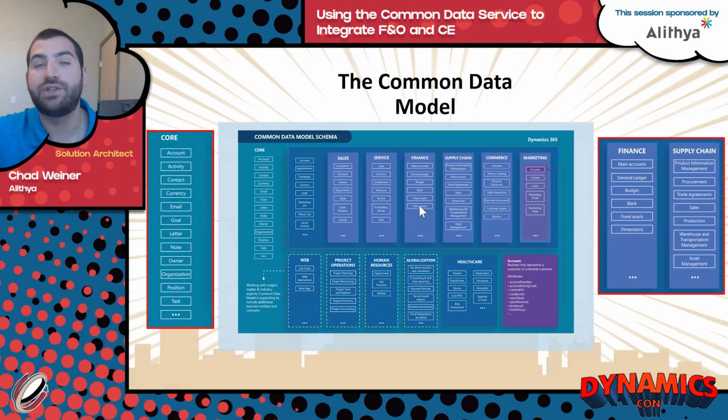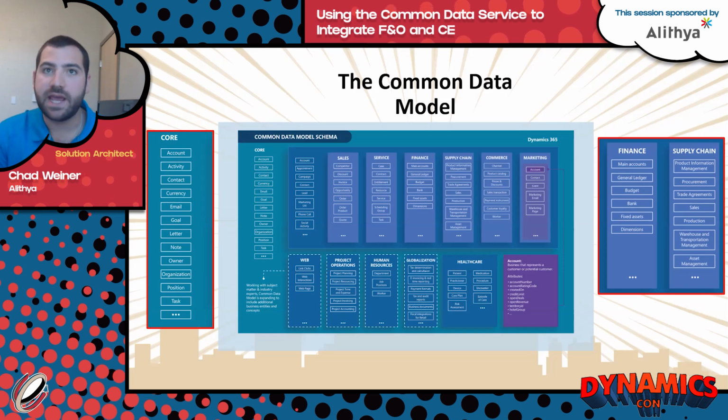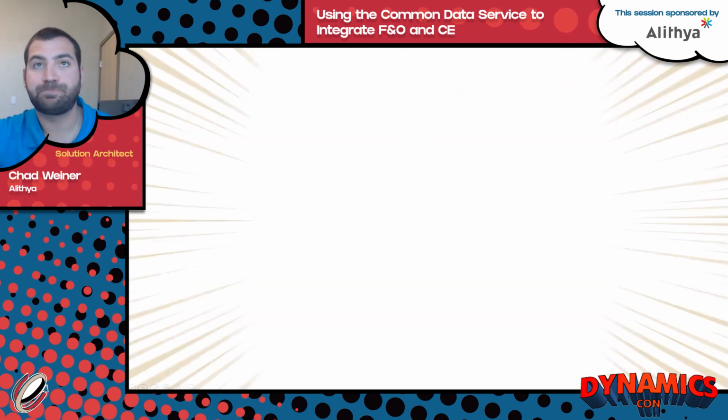So really, we're going to talk about getting F&O data into the CDS via this common data model that'll allow this data to be exposed to CRM. It could be exposed to a Power App portal, or maybe we can use Power Automate or Power Apps to leverage the data in some way.